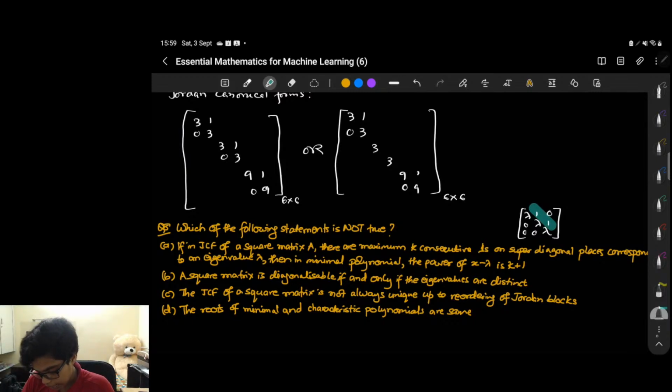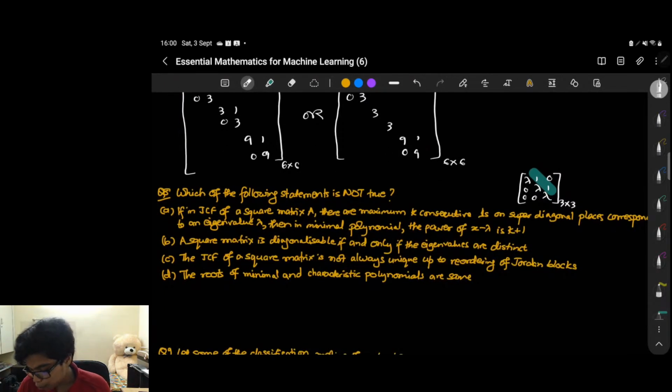If it is a 3 cross 3 matrix, this is just an example, we have two ones, and you can see that lambda occurs 3 times. So the corresponding power of x minus lambda in the minimal polynomial will be 3, whereas you have 2 ones on the super diagonal. So it is 2 plus 1, which is 3. You can see this for one particular example, 3 cross 3, but in general for k, it will also be true.